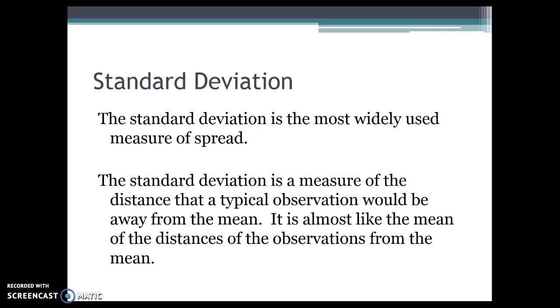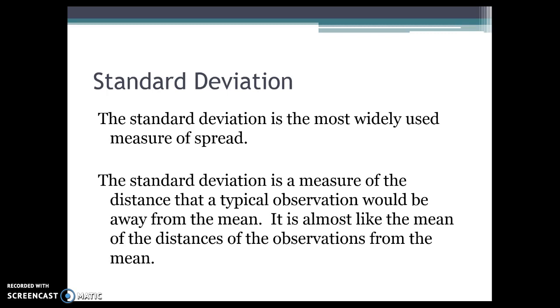Okay, so the next measure is the standard deviation. That's the most widely used measure of spread. If you pick apart that term, standard deviation, standard means typical or usual. I'm trying to avoid the use of the word normal because that's an important word for us. And deviation means distance.